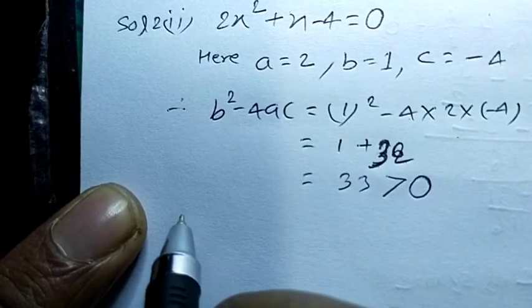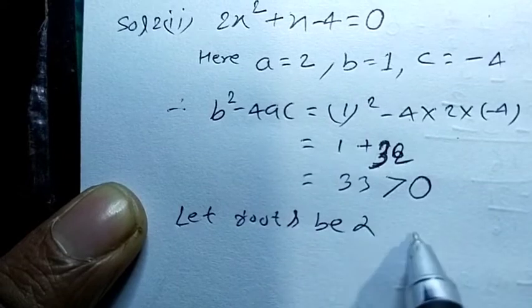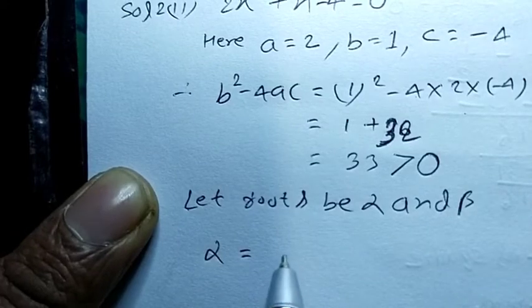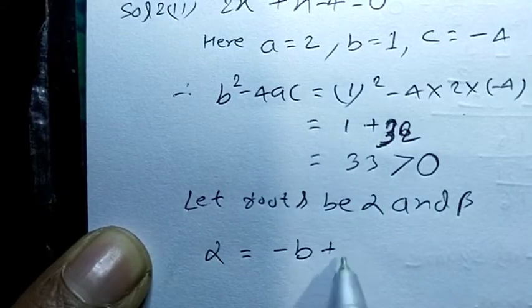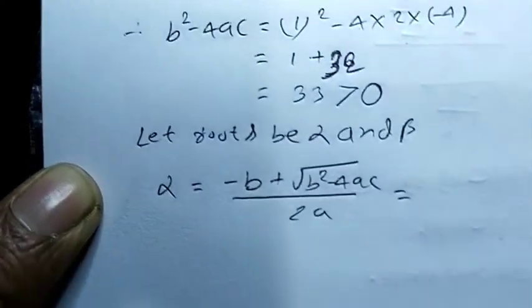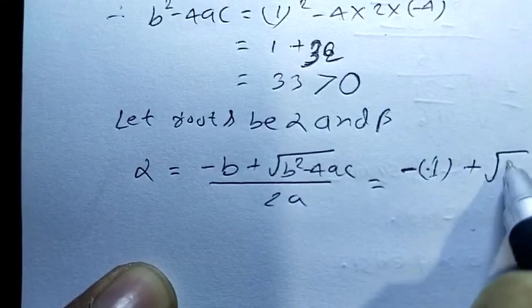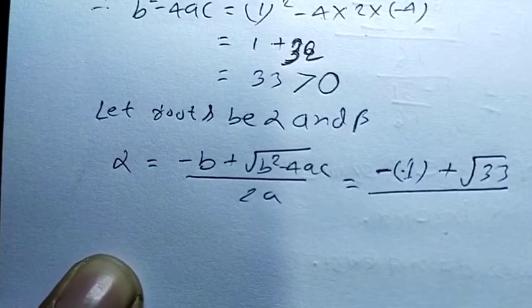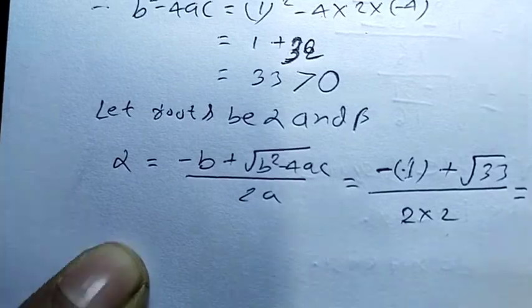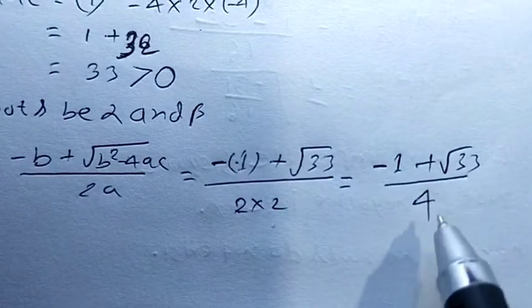Let the roots be alpha and beta. So alpha is equal to minus b plus root under b square minus 4ac by 2a, is equal to minus 1 plus root under 33 by 2 into 2, is equal to minus 1 plus root under 33 by 4.